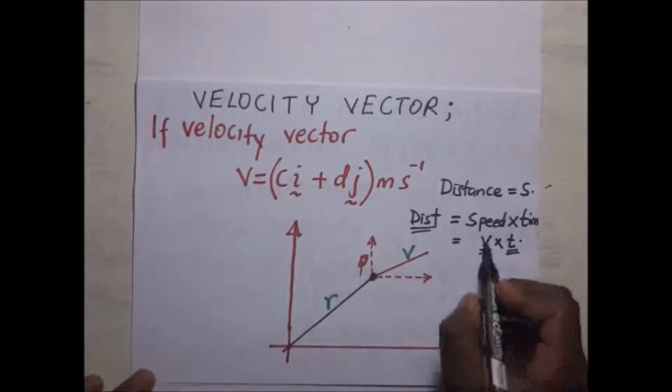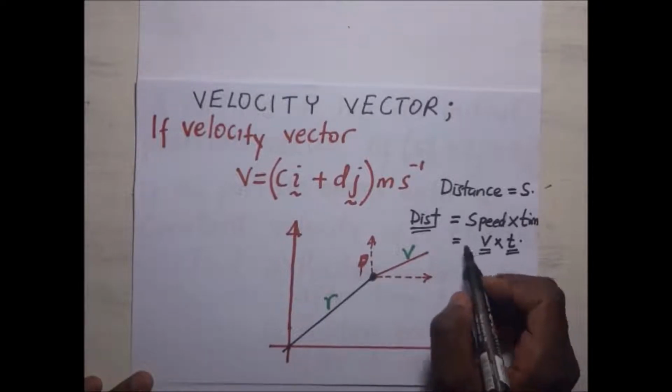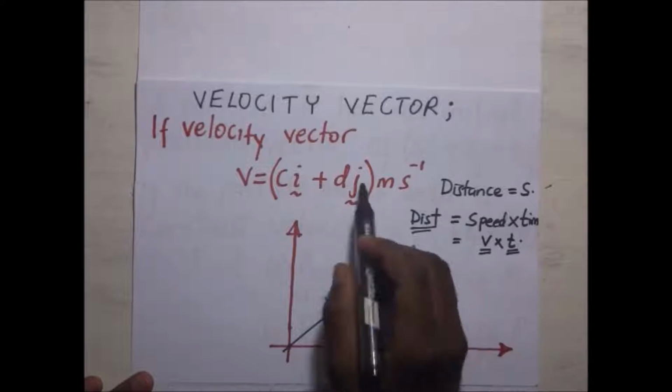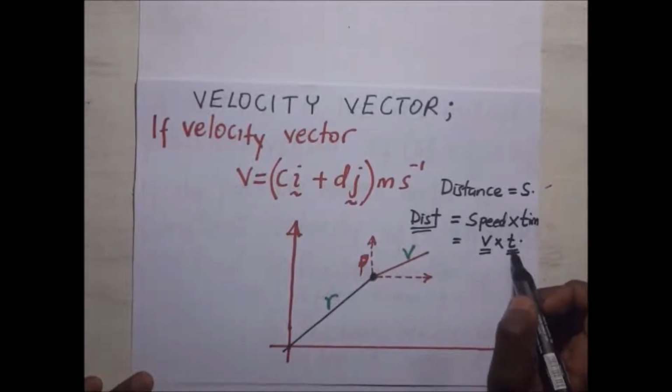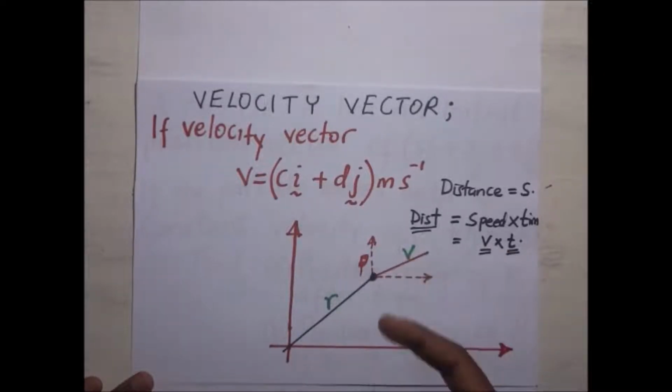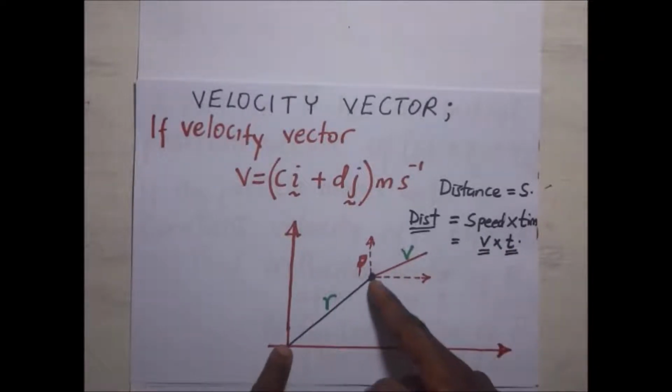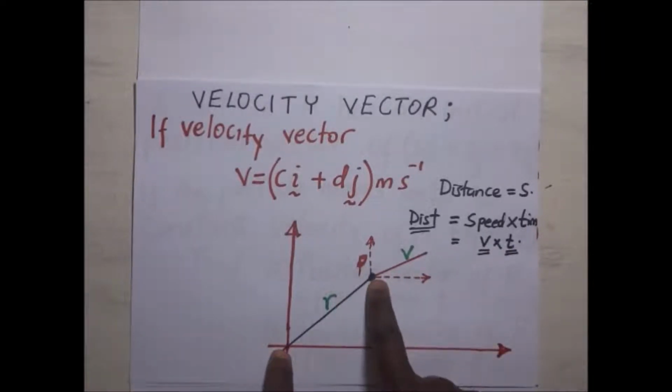So to find the vector of how much this particle p has moved, I multiply the velocity vector by time. To get its position vector after a certain time t, I have to add this distance it has moved to its initial position vector.